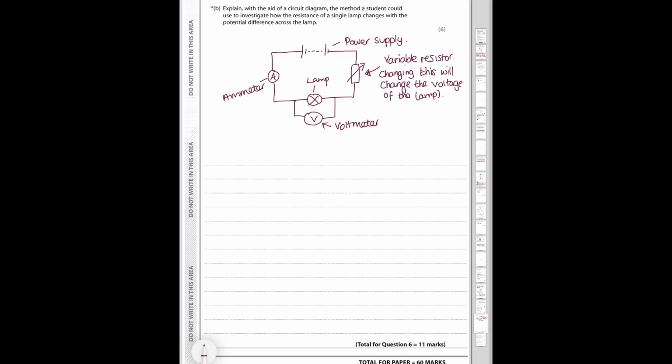Each time we do this, we would measure the voltage and the current to work out the resistance. And we would do this for around about 6 different voltages and the corresponding current values to work out resistance. We would then be able to see if there is a correlation between the resistance of the lamp with changing potential difference.